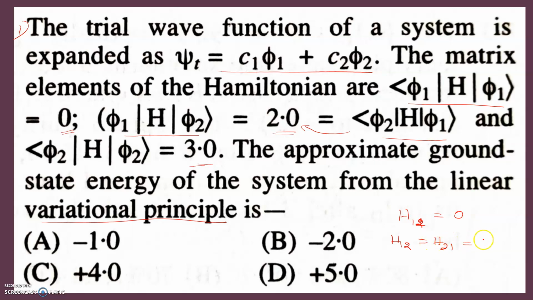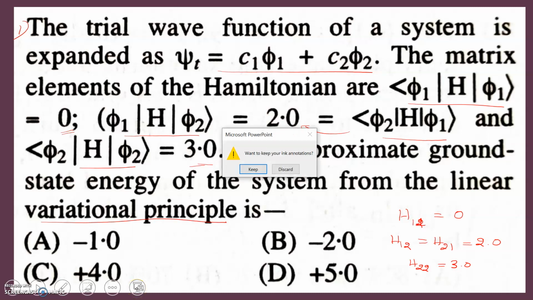The values of these integrals are equal, and it is equal to 2.0. And the value of the integral phi2 h phi2, which is represented as h22, is 3.0. If it is so, what is the approximate ground state energy of the system from the linear variation principle?